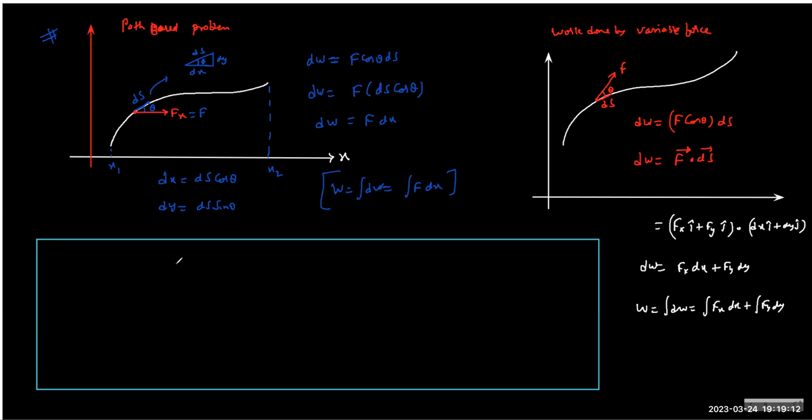The question is, if F is given by the formula y i cap plus x j cap, and if a particle goes from (1, 2) to (3, 4), what is the work done by the force? So try to solve or think about it, then I'll show. You can take some 3-4 minutes. Okay. Do it.